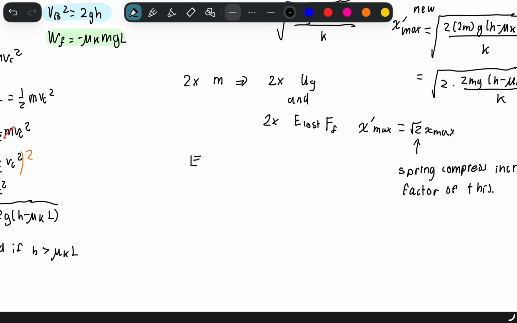But your energy is still proportional to your mass. So your spring stores more of the energy and it compresses farther.